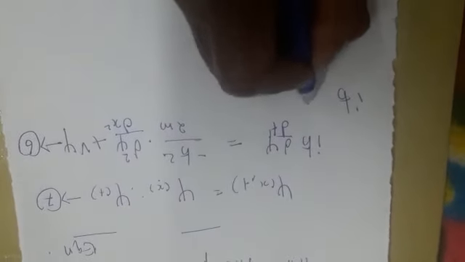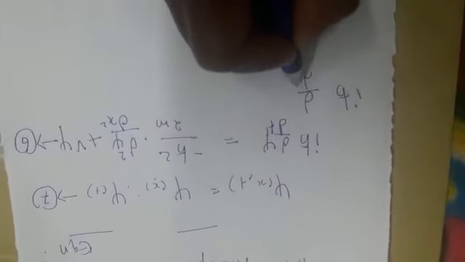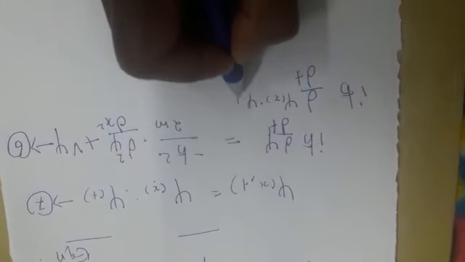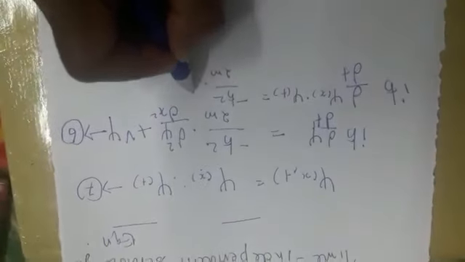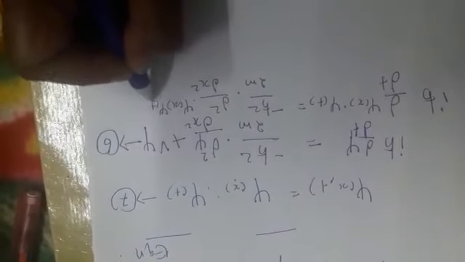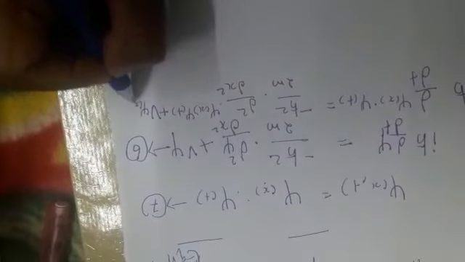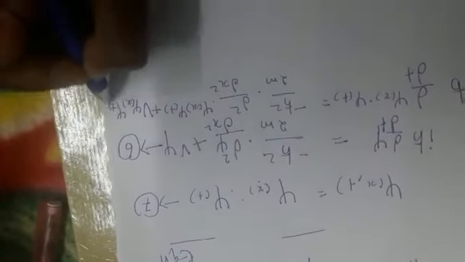What do you get? i ħ ∂/∂t of psi of x into psi of t is equal to -ħ²/2m into ∂²/∂x² of psi of x psi of t plus V into psi of x psi of t.